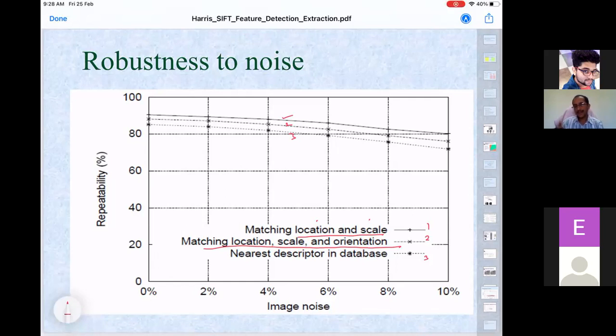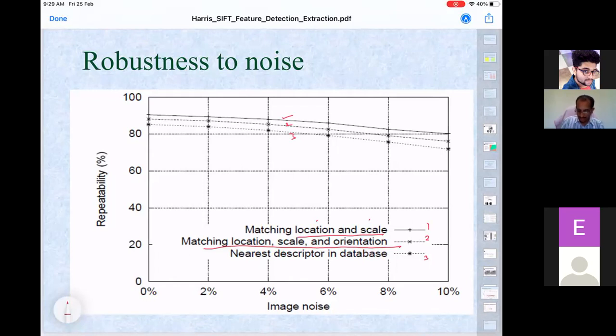And then identifying the corresponding points is even more difficult, because only if all the key points are detected to the scale, orientation, and location will the matching, establishing corresponding points through nearest neighbor, be simpler or accurate.